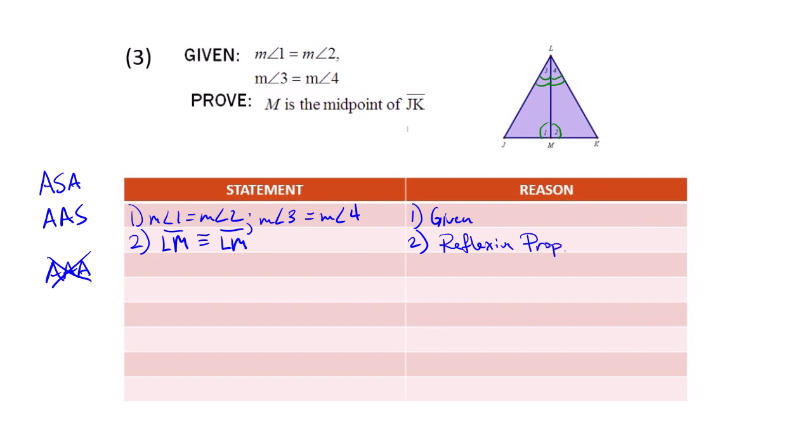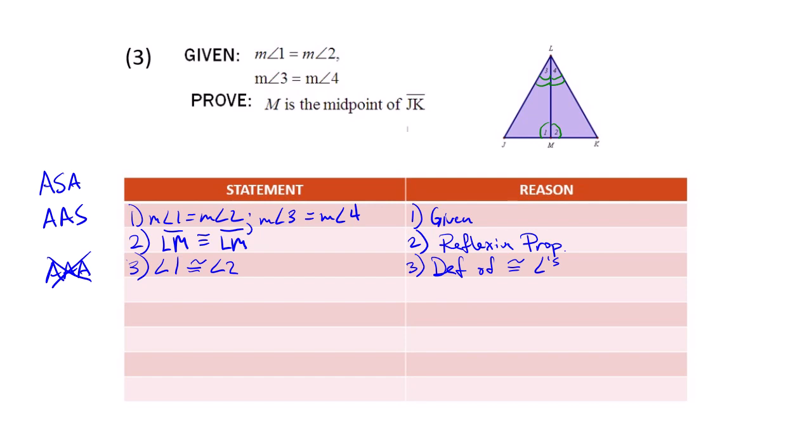Okay. The other thing I need to do, and I started talking about this before and got a little sidetracked, is that when we say that the measures are equal, we need to turn that into congruence, right? Because ASA and AAS both say that two angles and their included side, for example, if they're congruent, then the triangles are congruent, right? And so right now we don't have congruence, we have equality. So we need to turn that into congruence. So angle 1 is congruent to angle 2 because of the definition of congruent angles.